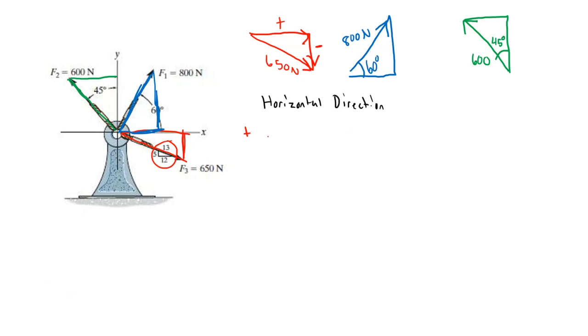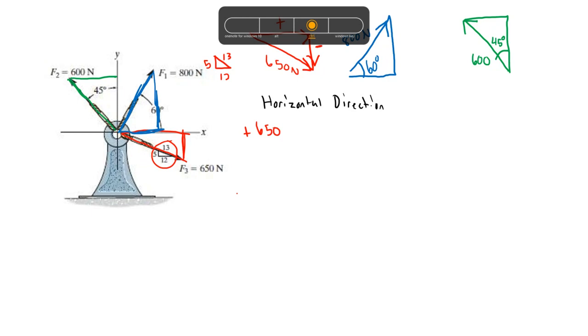So for the horizontal direction, it's going to be a positive. Again, start off with the weight that you know, which is 650. Now this is where you put your angle, right? Usually it would be the sine or cosine. In this case, they gave us a similar triangle, which is like this. The 13, the 12, and the 5. Okay, whoops.